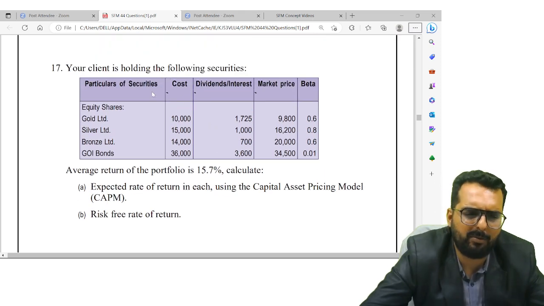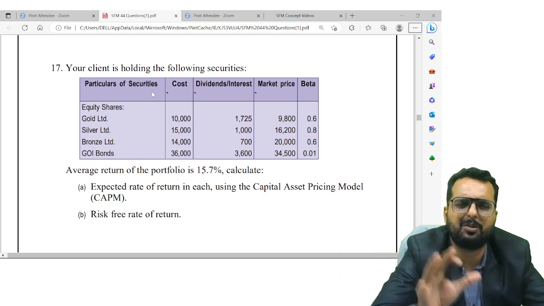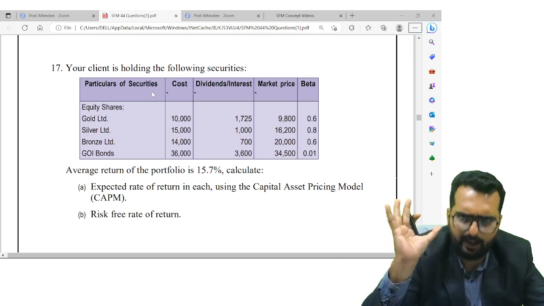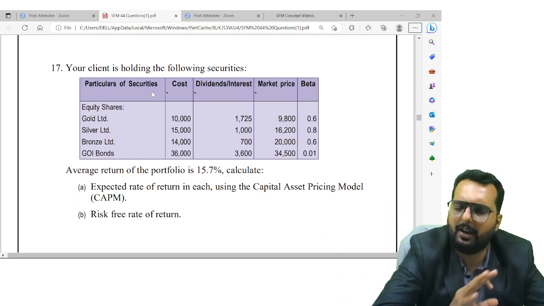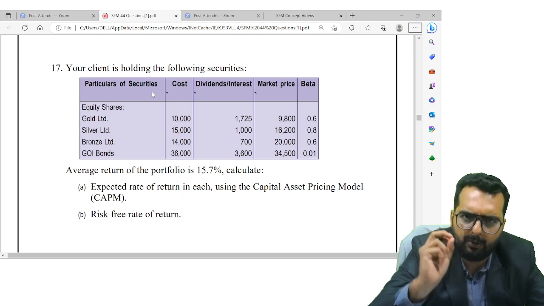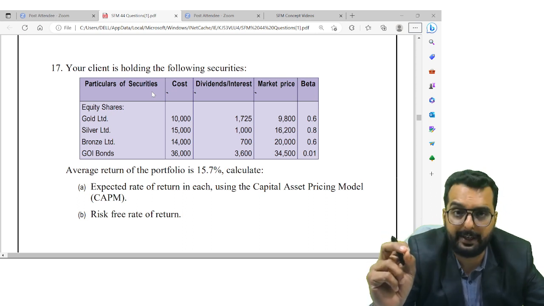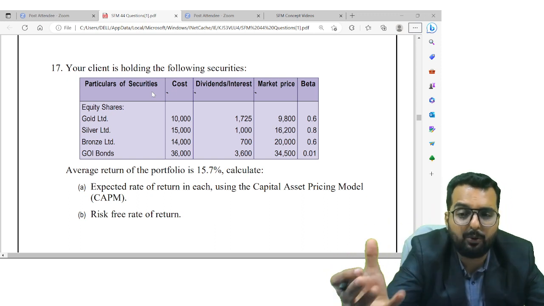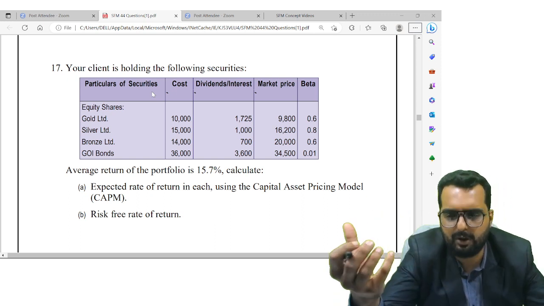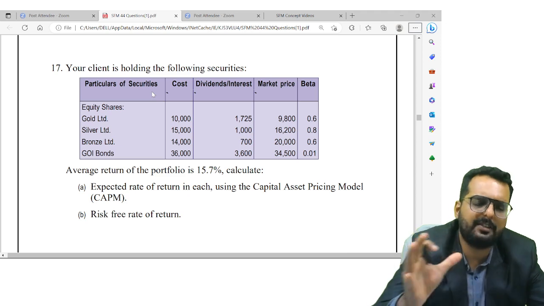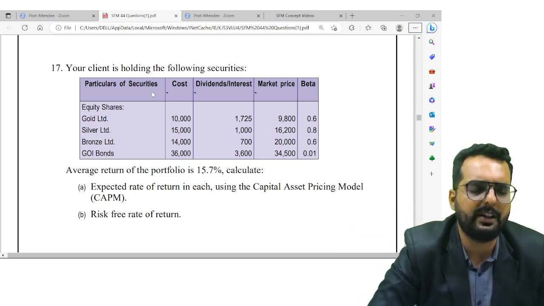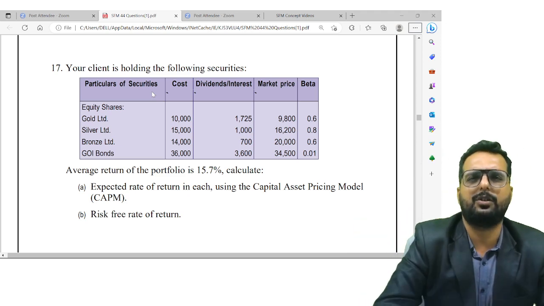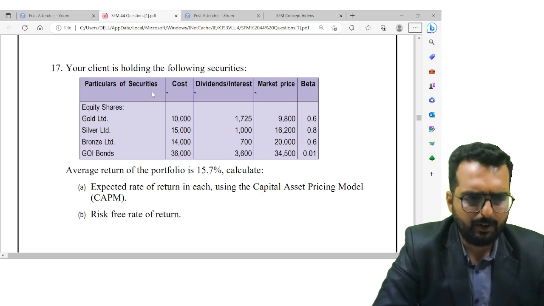So when I do these unique problems, just apply this in the exam because right now the objective is mark scoring, right? In reality, if you do market value, you are not at all wrong because if today I invest 100, tomorrow it becomes 120. My original reinvestment over there is how much? 120. I could have withdrawn that money, but I am not withdrawing it. Correct? So you can always take the market value also. Nothing wrong in that. But from an exam point of view, let's stick to this. Okay? Okay, sir. All right.